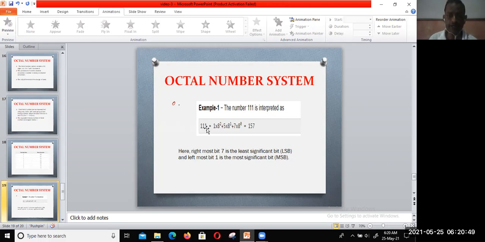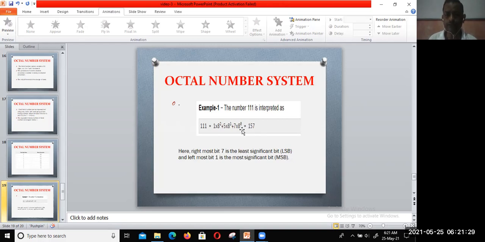So it can be written as 7 into 8 to the power 0, 5 into 8 to the power 1, and 1 into 8 square, which gives 157.